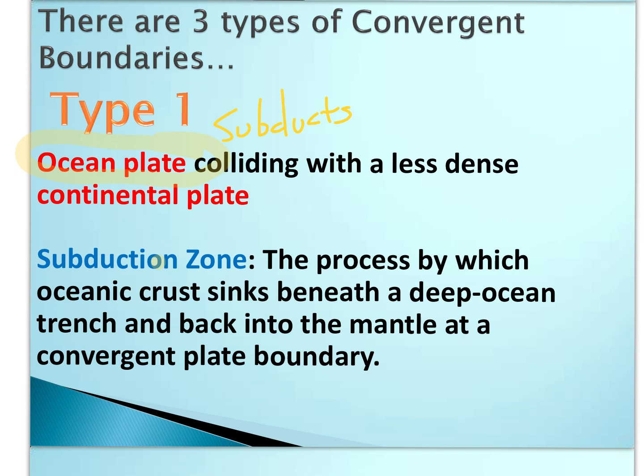They're younger, but they're more dense. Right? Remember, 3.3 grams per centimeter cubed versus continental plate 2.7 grams per centimeter cubed. Right? So the less dense continental crust never subducts.